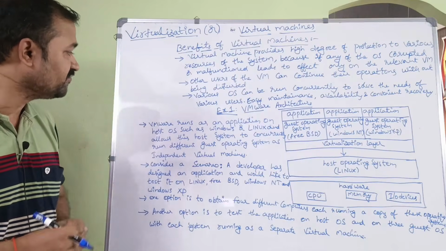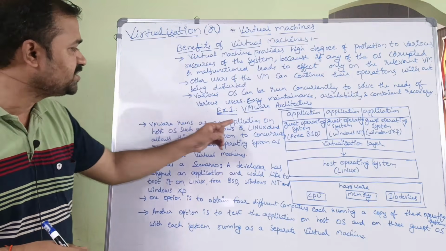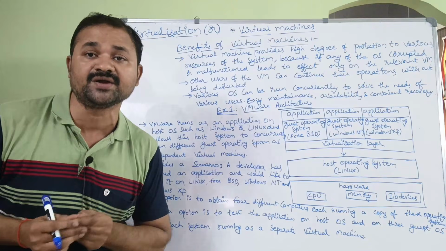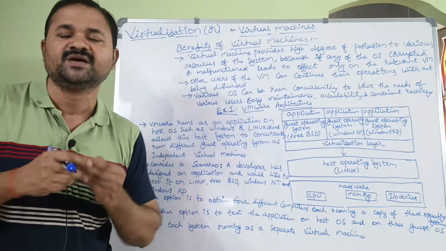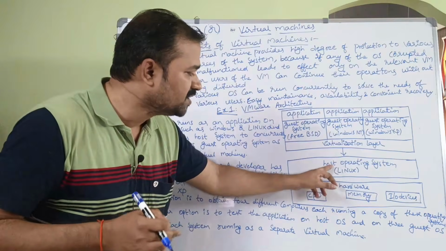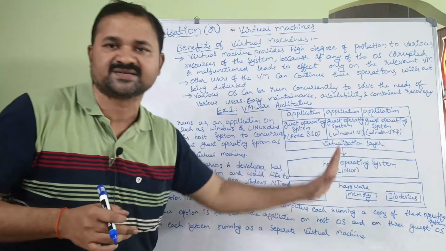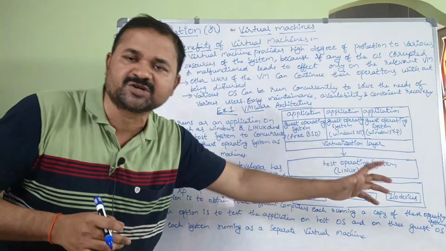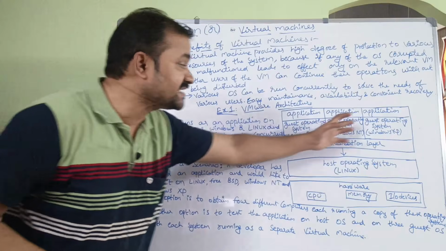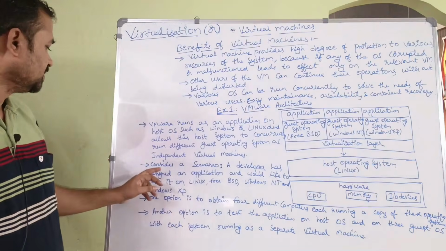So here what is VMware? We can execute VMware as an application on the host operating system. It may be either Windows or Linux, but in our example the host operating system is Linux. Now the host operating system can work concurrently with guest operating systems.